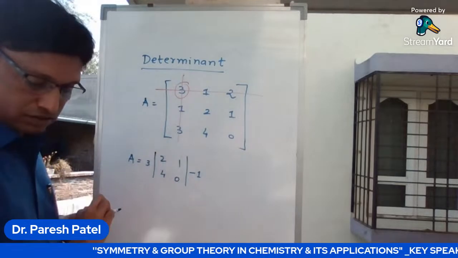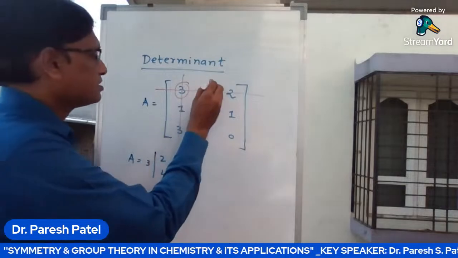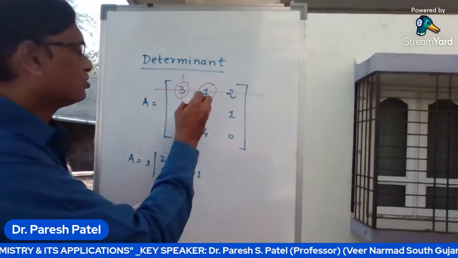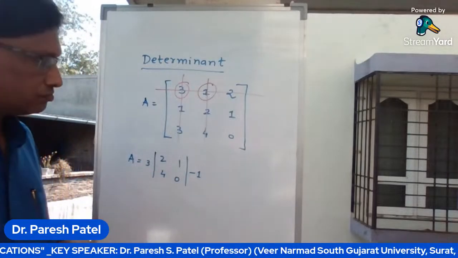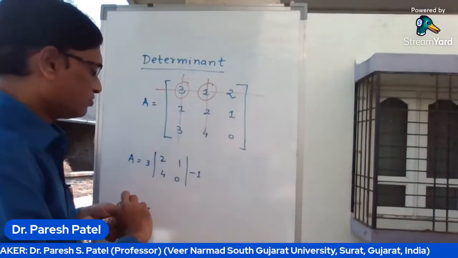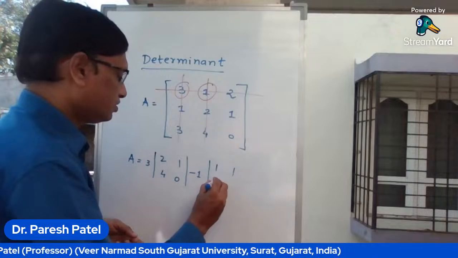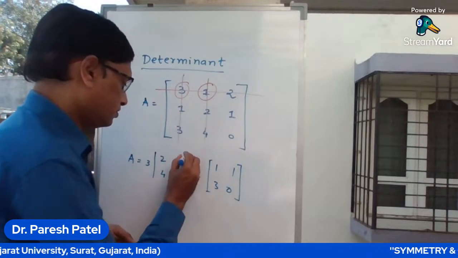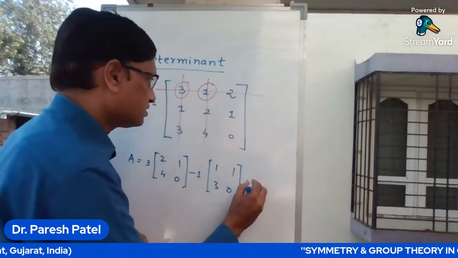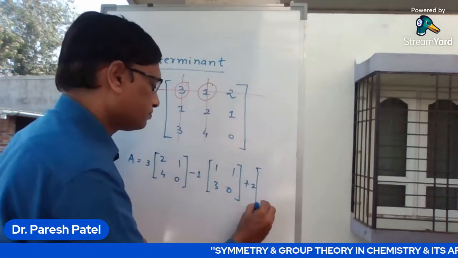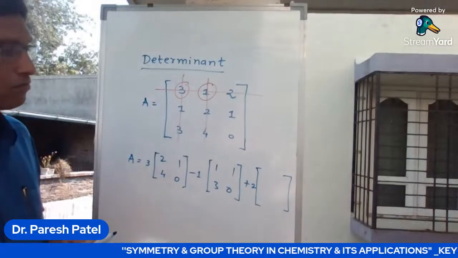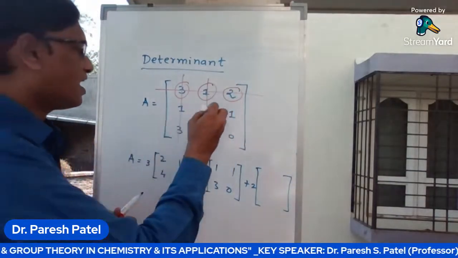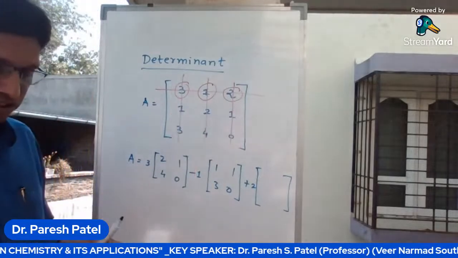Then minus 1, the element of the first row and second column, and the remaining matrix is 1, 1, 3, 0. Plus 2, the first row and third element, and the remaining matrix is 1, 2, 3, 4.